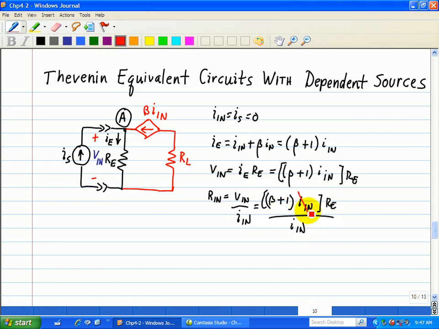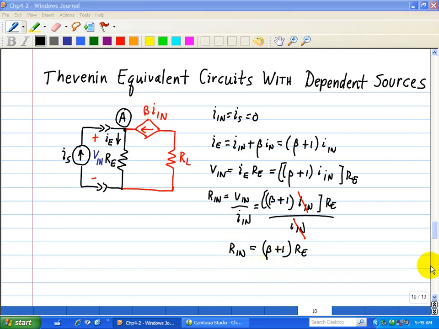However, we see that the I_N cancel in the numerator and the denominator, and that yields (beta plus 1) times R_E being equal to the input resistance when this dependent source is turned on.